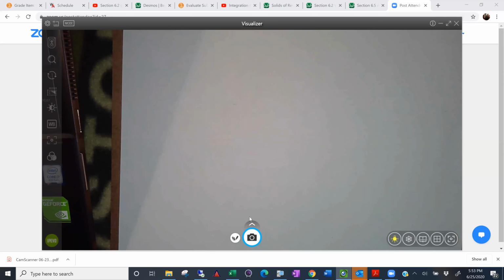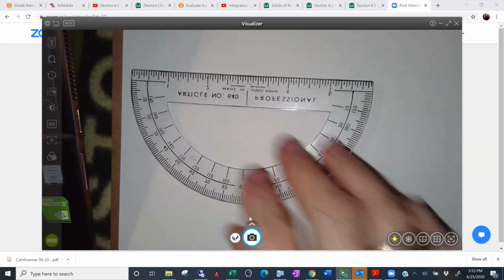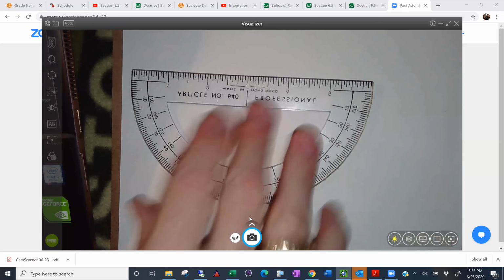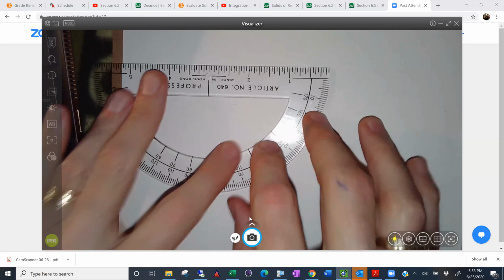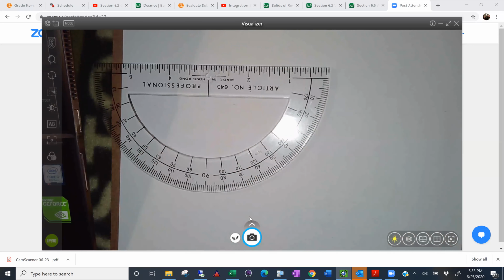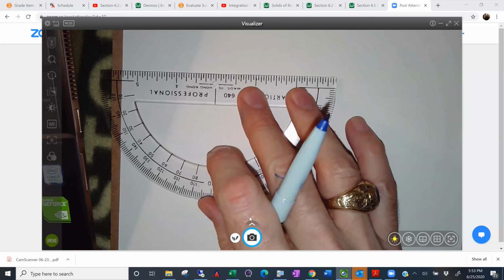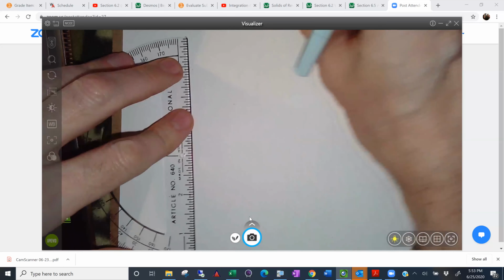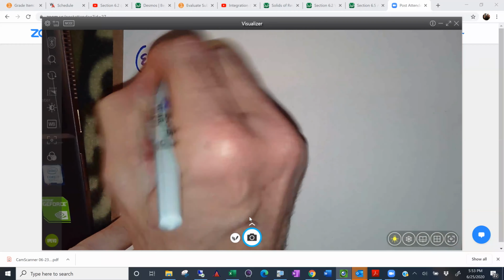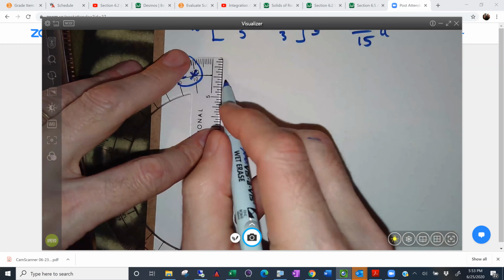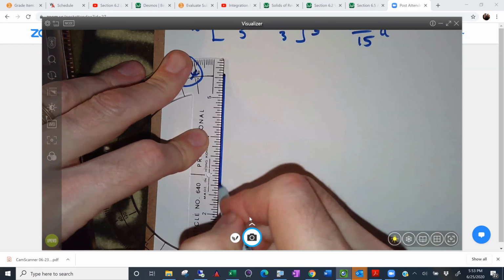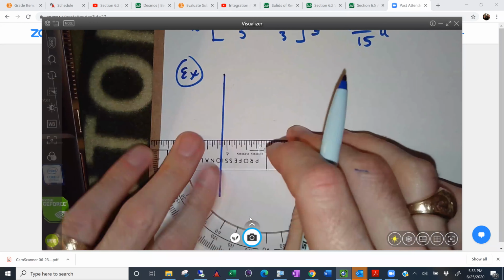Who walked off with my protractor and a ruler? There we go. Okay, the same function, just this time we're going to rotate around a different axis. So let me draw our graph here.